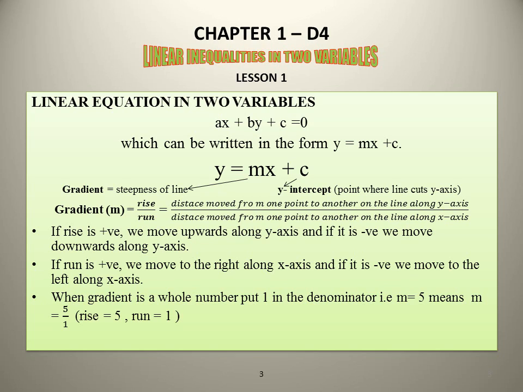So if you are given this equation, you can write it in this form, which will help us in drawing the graph of this line, where m is the gradient, the coefficient of x. If it is positive, then gradient is positive. If it is negative, then gradient is negative. When gradient is negative, you can take rise as negative or run as negative. C is the y-intercept.